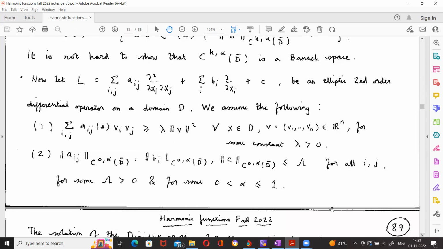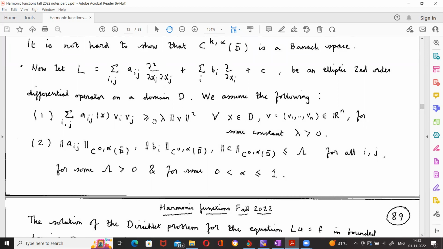And secondly, we are going to make some assumptions on the coefficients of our operator L. Earlier we were just assuming continuous. Now we're going to assume that these are Holder continuous. So we take a constant capital Lambda, which is greater than or equal to the alpha Holder norms of all the coefficients, the Aij's, Bi's, and C, for some fixed alpha between 0 and 1. So our operator is uniformly elliptic.